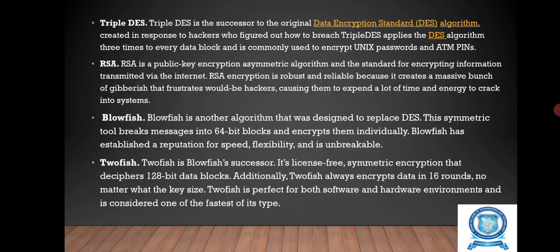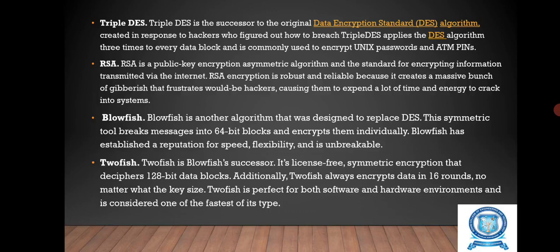RSA is a public key asymmetric algorithm and the standard for encrypting information transmitted via the internet. RSA encryption is robust and reliable because it creates a massive bunch of possibilities and frustrates would-be hackers, causing them to expend a lot of time and energy to crack into systems.